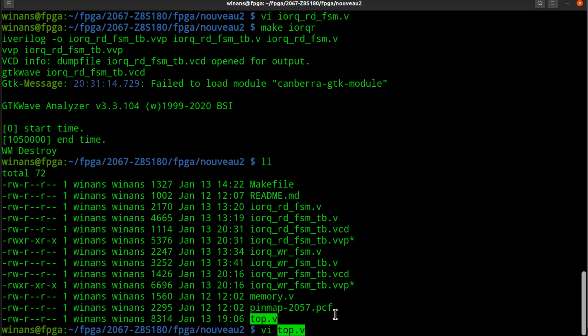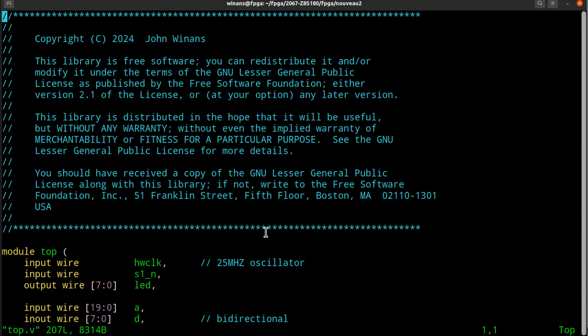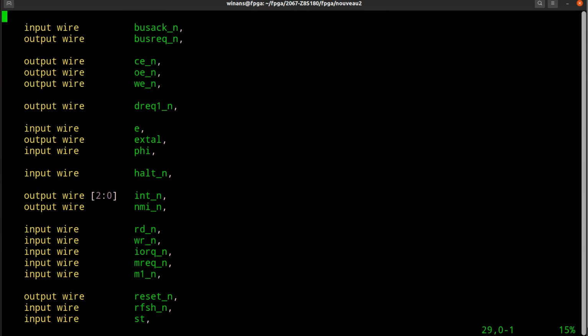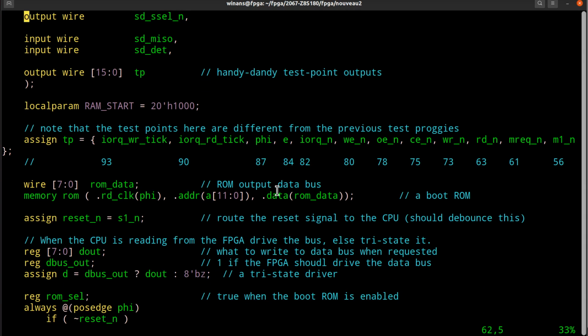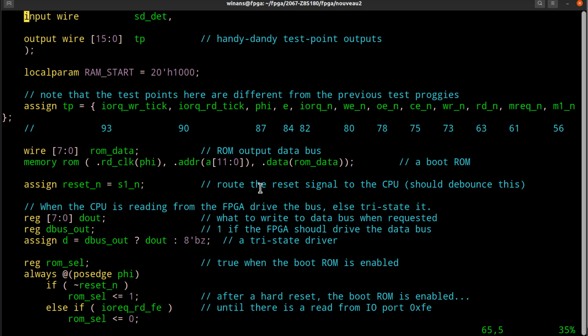Now, let's look at how I use it in this design. I've made a number of changes, if you followed along on the channel when I did the speed run port of CPM to the Nouveau board that has this FPGA in it with the Z8S180 chip. I cleaned out some of the doc and notes that said, oh, we don't want to do this, and I deleted all the bad code.